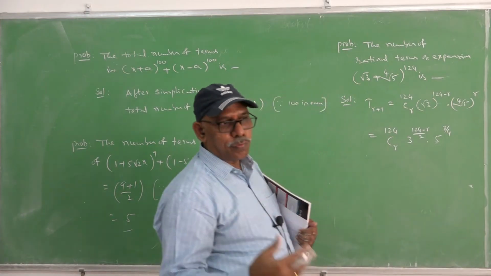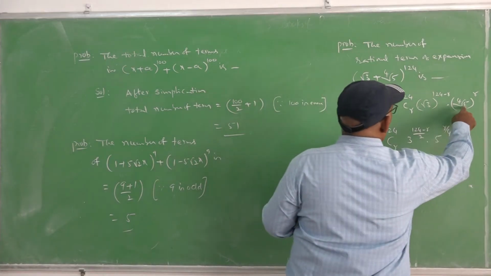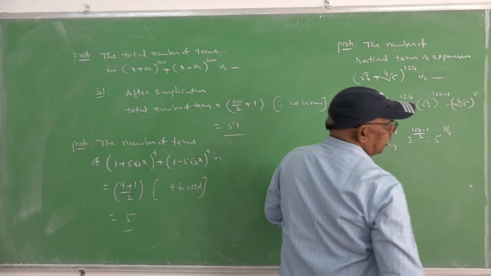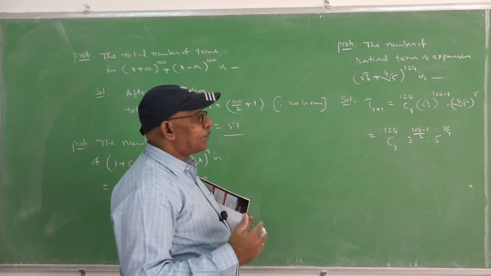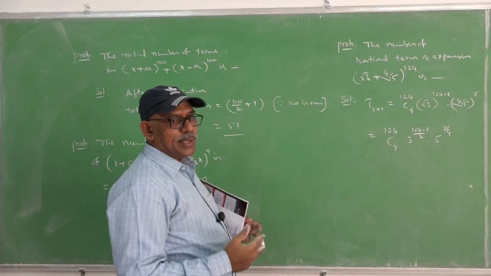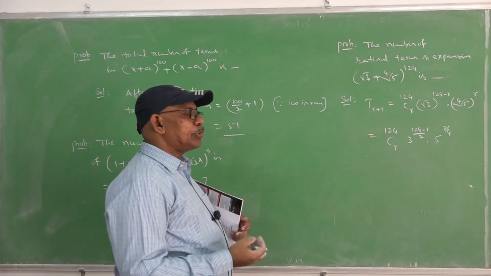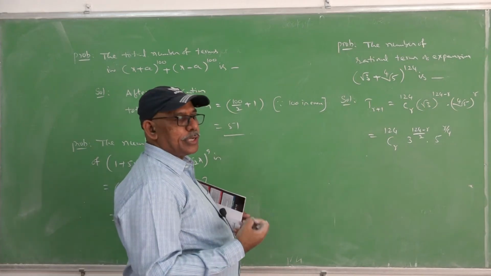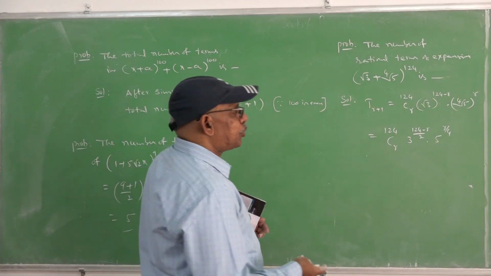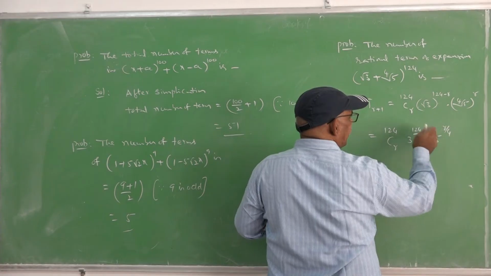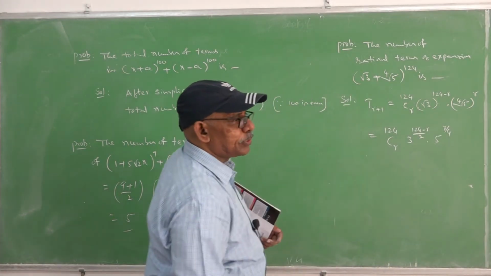Fourth root of 5 means 5^(1/4), whole power r, that is r/4. So the powers of 3 and 5 must be integers. You have to choose non-negative integer values for r so that these two powers are always integers.